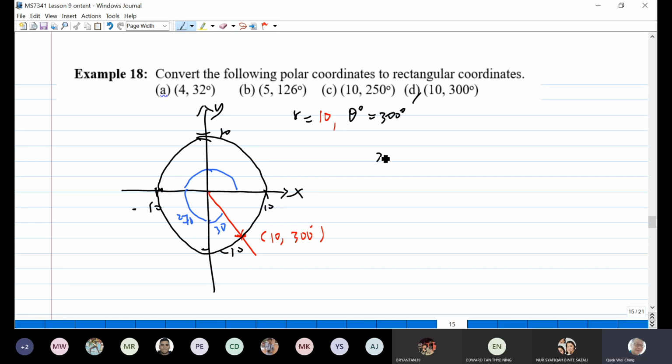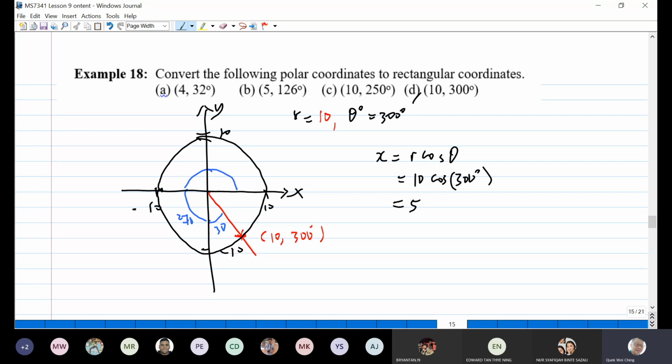So x equal to r cosine theta, which is 10 cosine 300. You should get answer positive, which is 5.